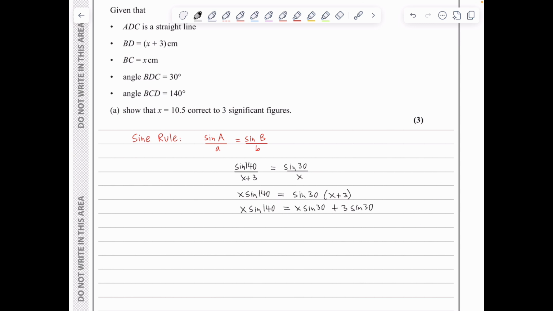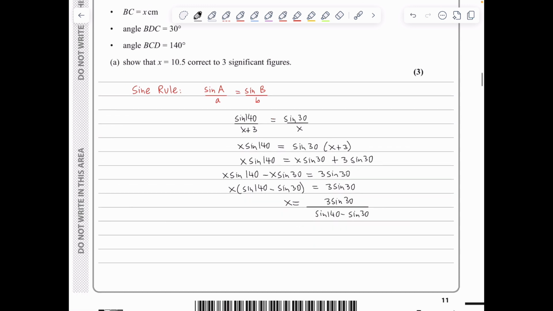I will be collecting the x terms on the left hand side, giving me x sin 140 - x sin 30 is equal to 3 sin 30, and I will factor out the x on the left hand side to give me x(sin 140 - sin 30) is equal to 3 sin 30, which means that x is given by 3 sin 30 all divided by sin 140 - sin 30.